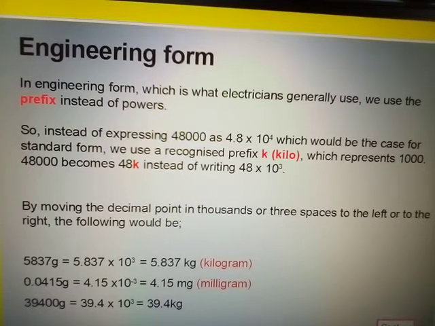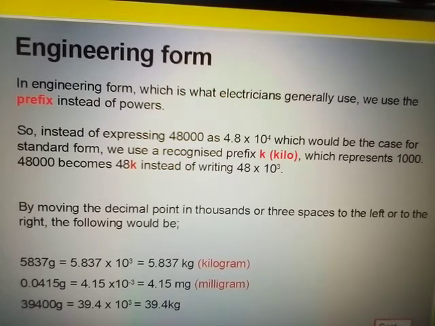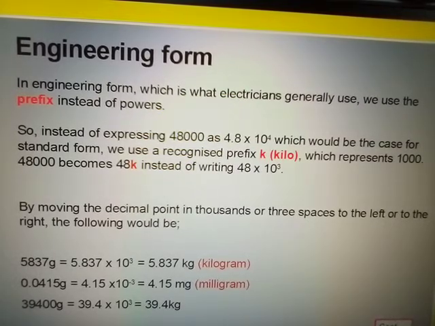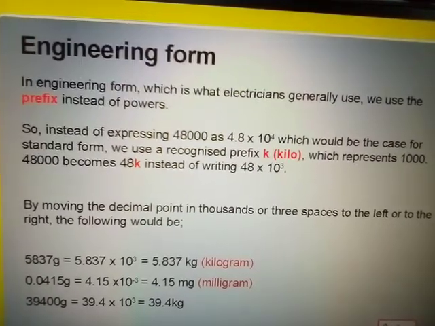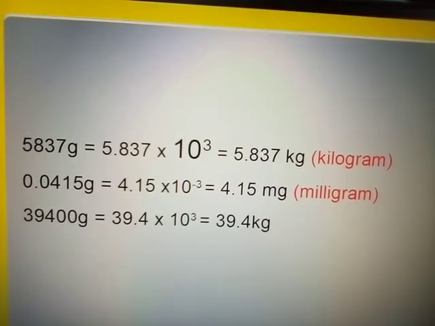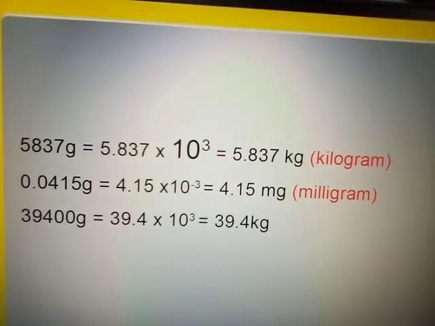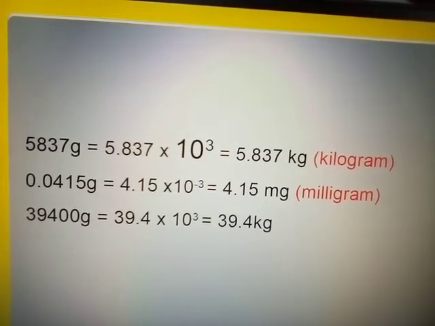Now be aware of that, keep that in mind. 39,400 grams equals 39.4 times 10 to the 3 kilograms. And again, I've just expanded this here larger for you so you can see it at your own recap session. Okay.